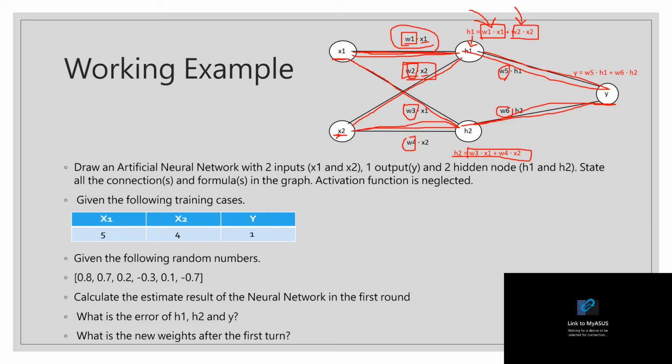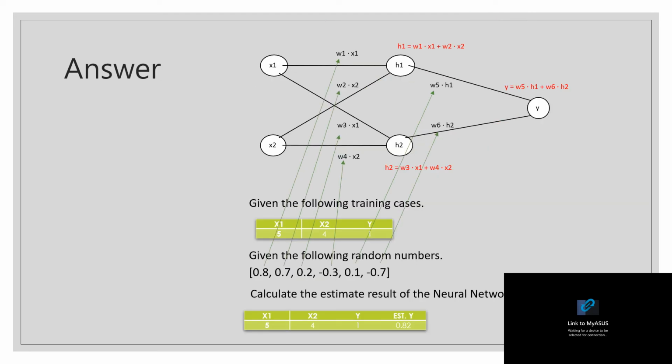So what's going on? When we have the input data of x1 and x2, for example x1 is 5, x2 is 4, we will assign a random number to all of the weights.